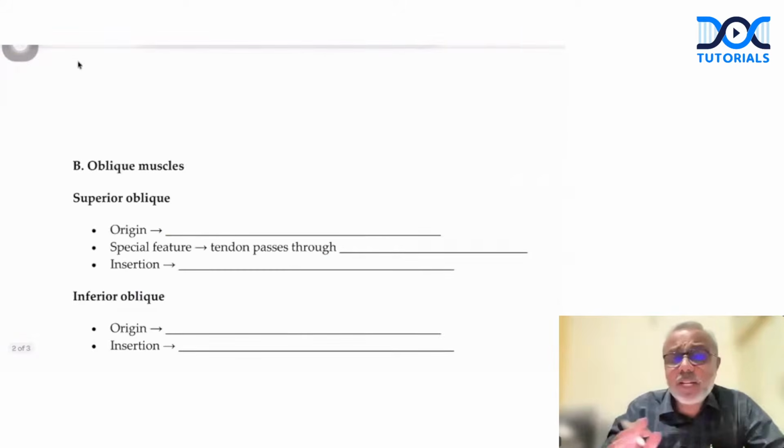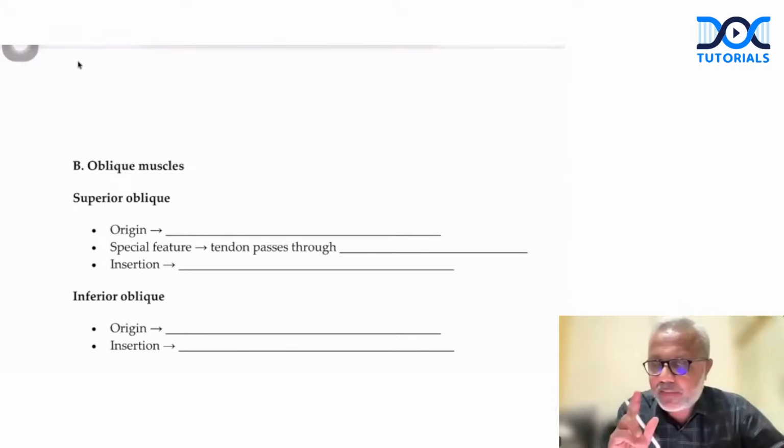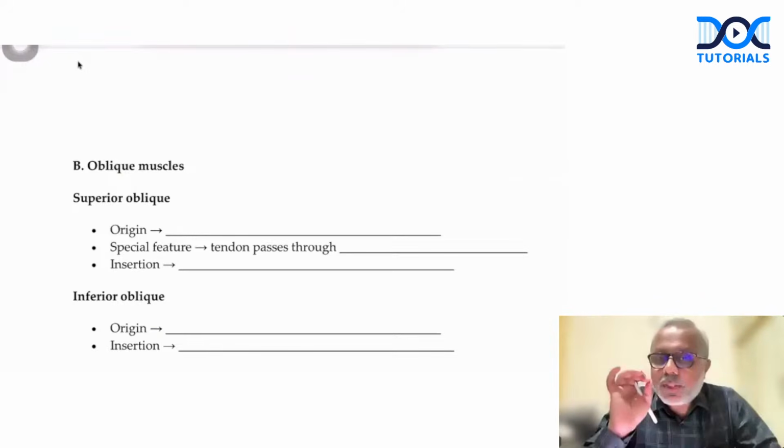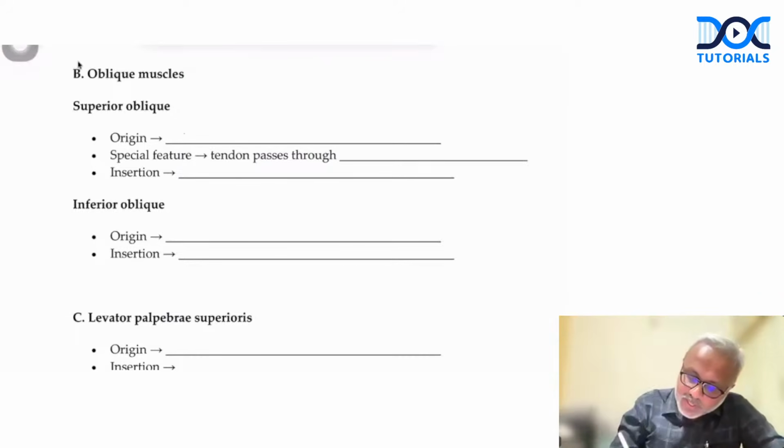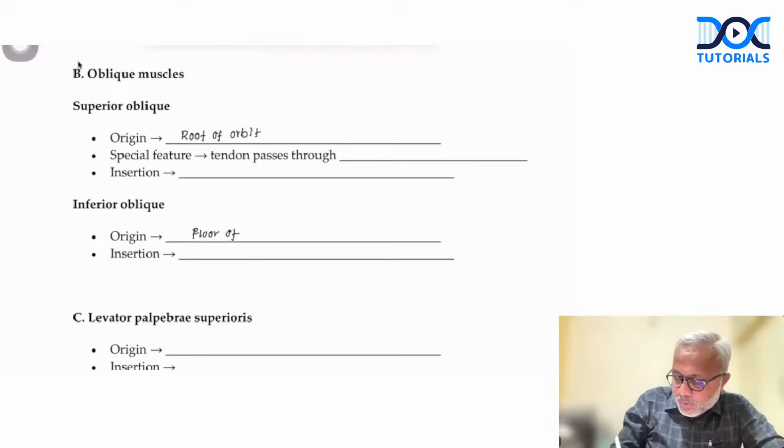The attachment of obliques is slightly different. We have 2 obliques that we need to remember, and both the obliques have a peculiar origin. The insertion is almost the same. Now, what about the origin of superior oblique? The superior oblique takes its origin from the roof of the orbit, whereas inferior oblique takes its origin from the floor of the orbit.